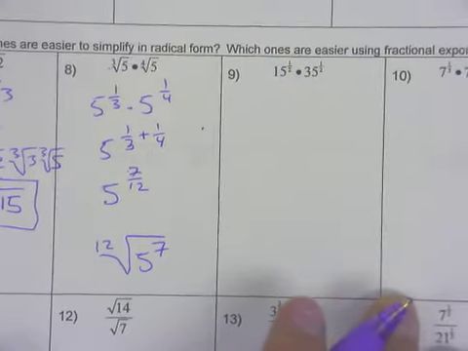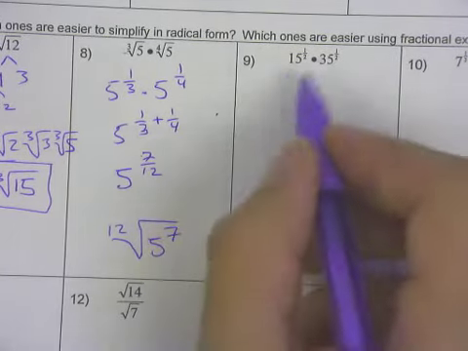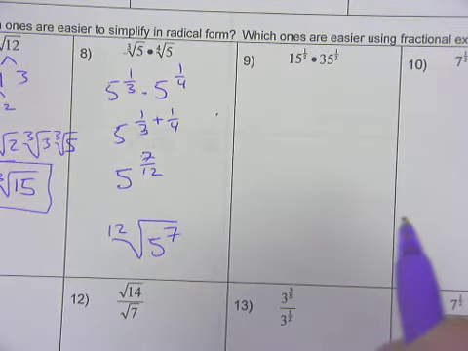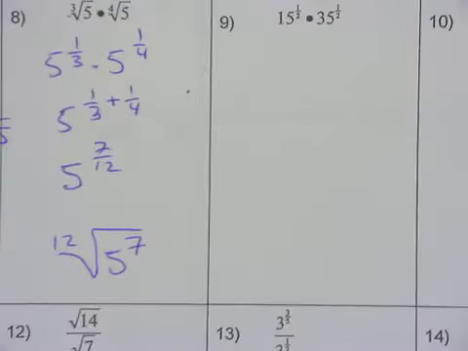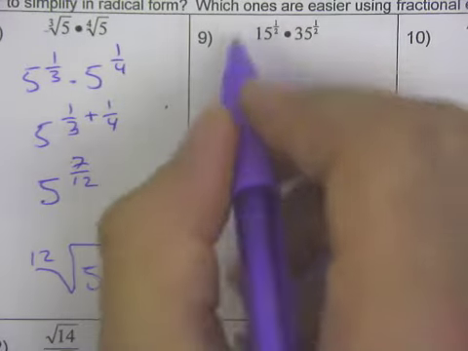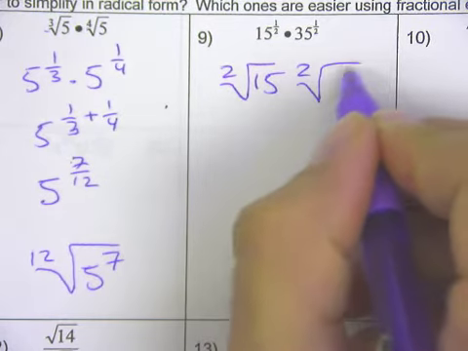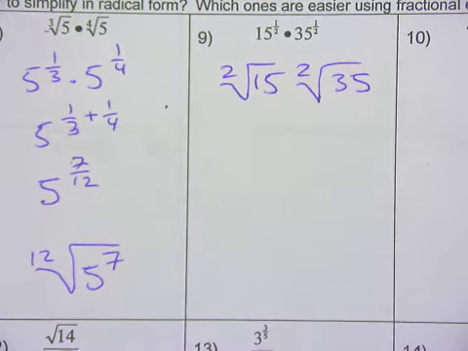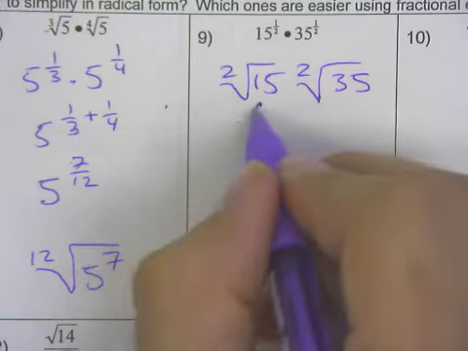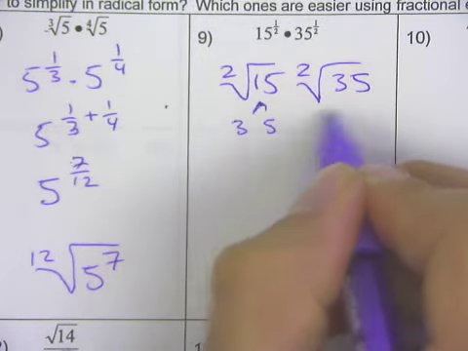All right. On the next one, it's a little bit tricky to deal with this in exponent form, so I'd prefer to deal with this in radical form. I've got the second root of 15 times the second root of 35, and now this is essentially the same question as number 7 was. We've got 3 times 5.